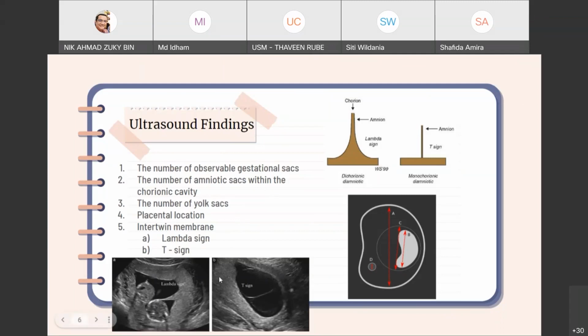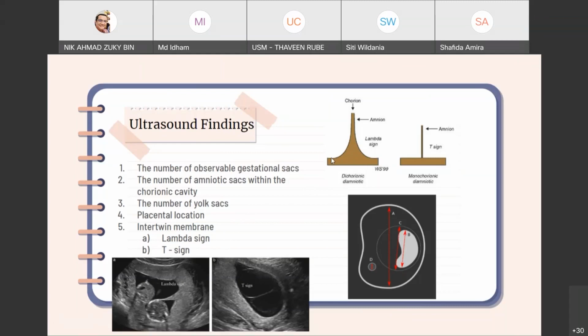Assessment of chorionicity later in pregnancy is less reliable. The assessment then relies upon the fetal gender and the number of placentas, because to see the lambda sign and T sign, we have to take the ultrasound during the first trimester.